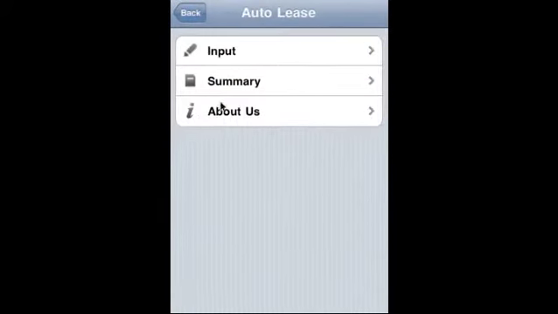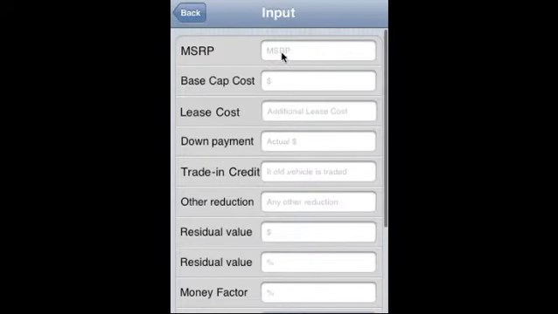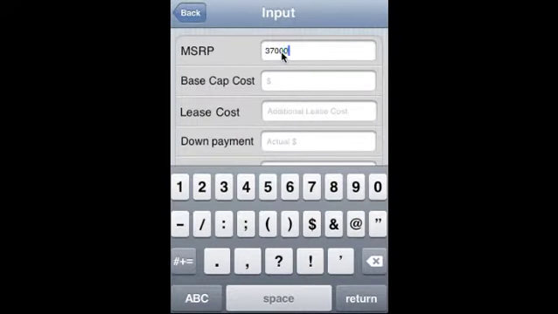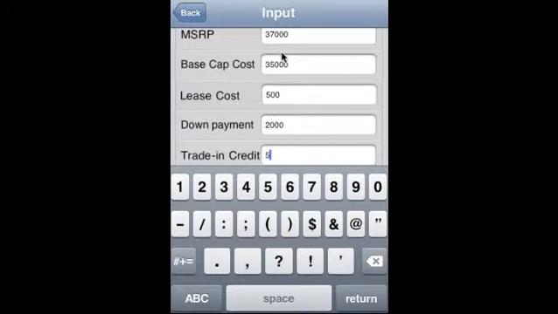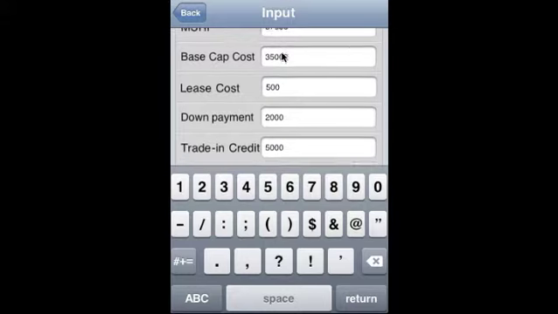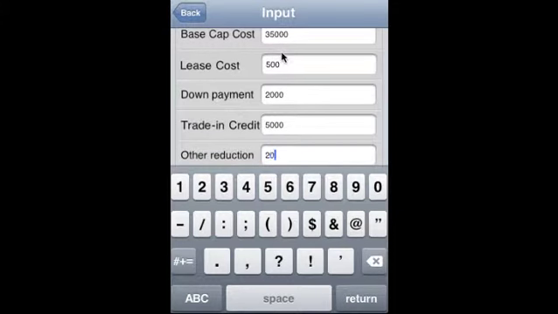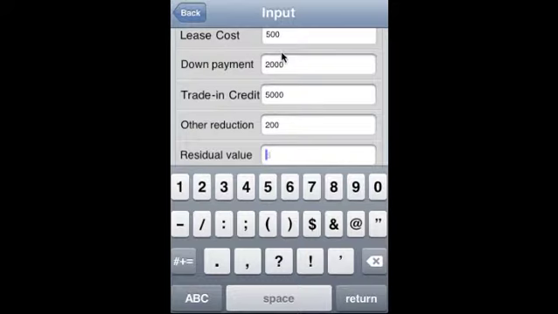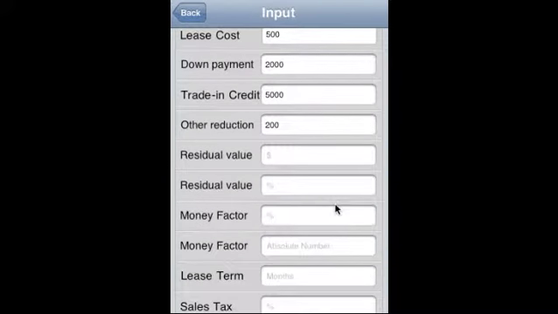Car lease. Supply MSRP 37,000, base cap cost 35,000, car lease cost is 500, down payment 2,000, trade-in credit 5,000, and other reduction is 200, and residual we can specify in dollar amount or in percentage.